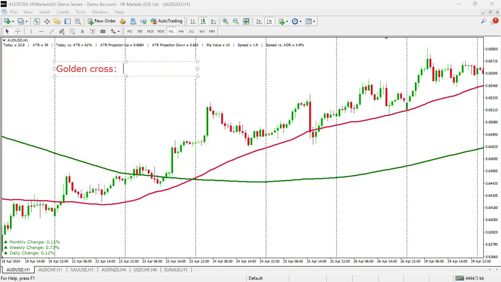You understand? ST moving average moving above the long-term moving average.